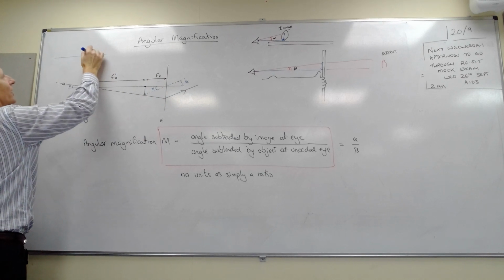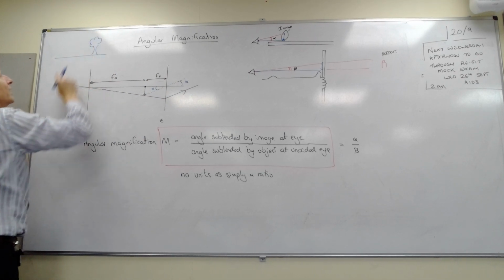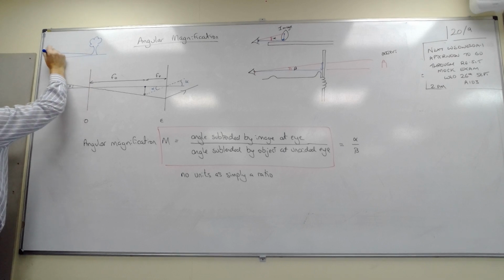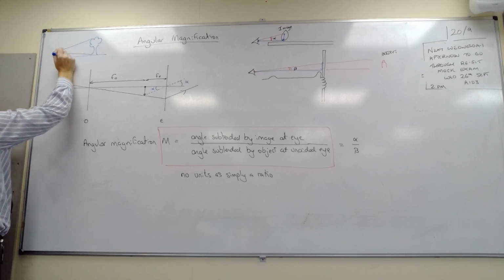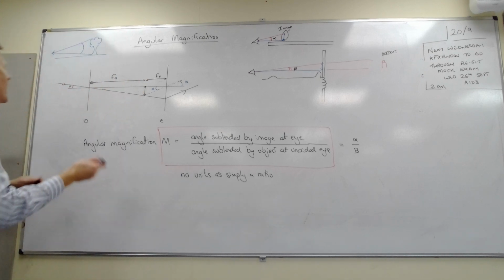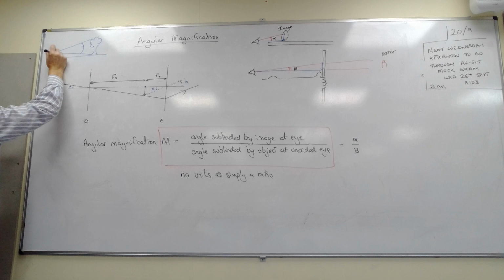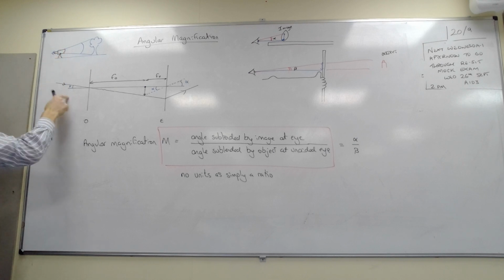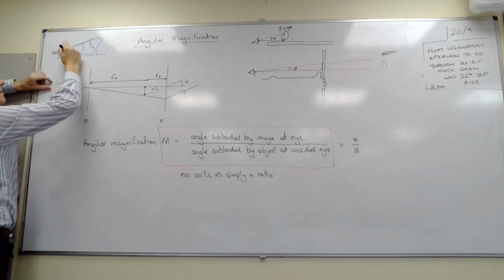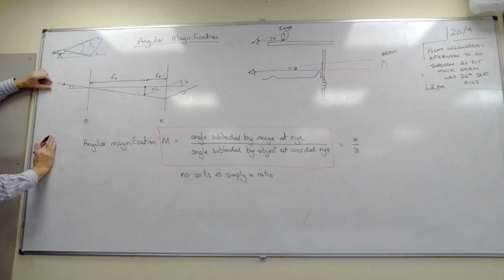So if we had a tree that I was looking at, and I had my eye, the angle subtended by the tree would really be that angle there. If I then stuck a telescope in, and said, well, that's my telescope that I'm looking at the tree with, what I'm saying here is that the angle subtended at this point here would be the angle subtended by the object at the unaided eye, which it isn't really, is it?